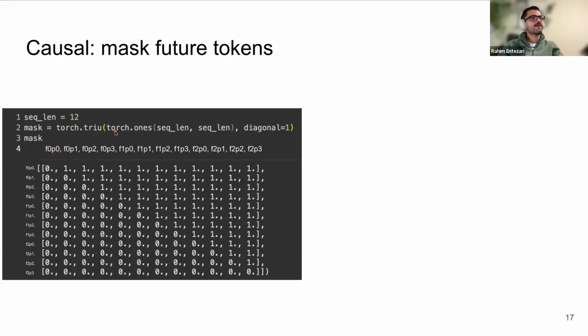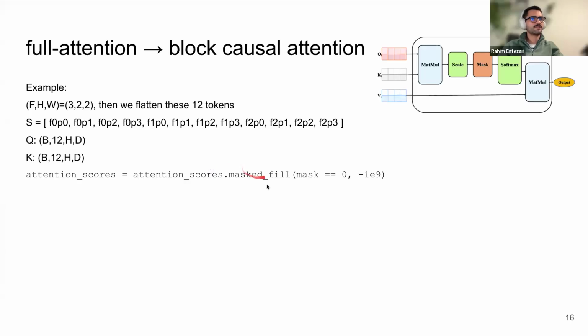So by default, PyTorch supports causal attention, which says that for this token, don't look at the future tokens. Wherever there is a one, it means don't look. This is one line of PyTorch: you say triangular matrix, and then ones, with the sequence length, which is 12, and you create this mask and then give it here.